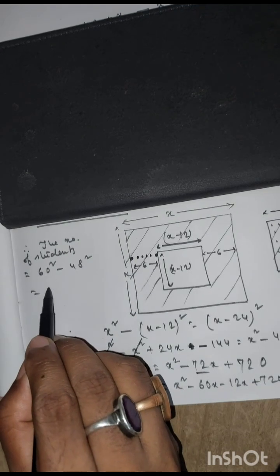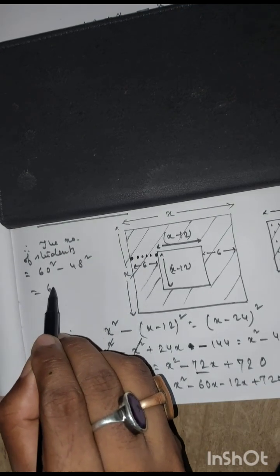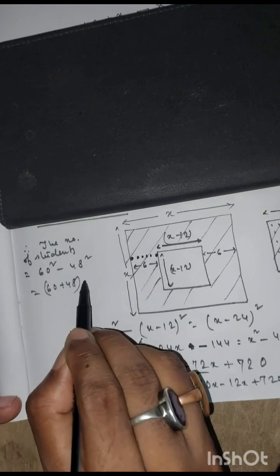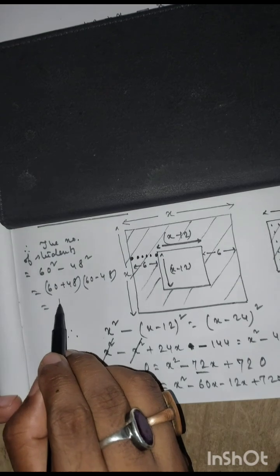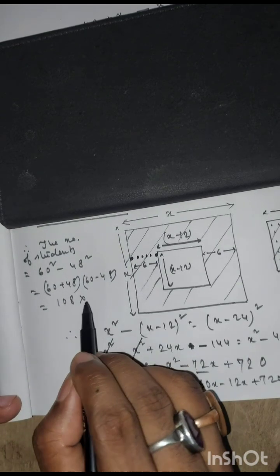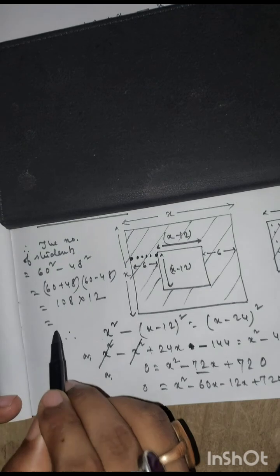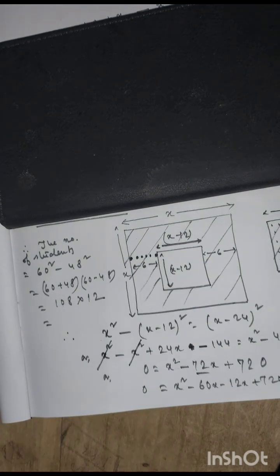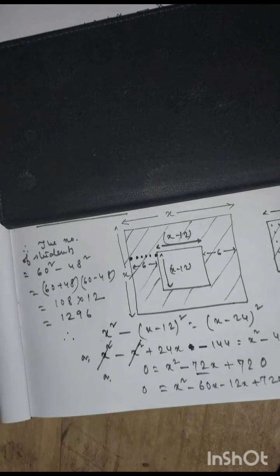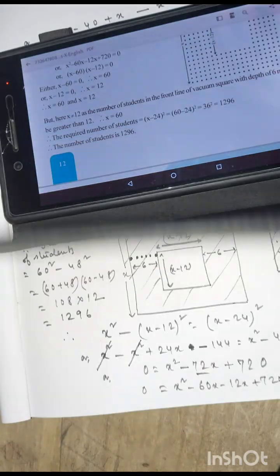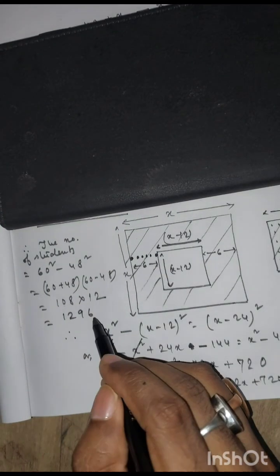So it is (a plus b) into (a minus b), that is 60 plus 48 into 60 minus 48. So it is 108 into 12. So it is 1296. This is our real number of students.